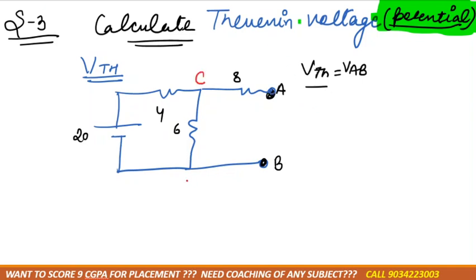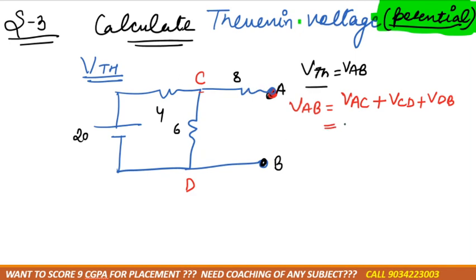So now we need to calculate VTH. As you can see that there is no direct connection between A and B, right? So you need to move, like you are moving from A toward C, then you need to move toward D and B. Okay.